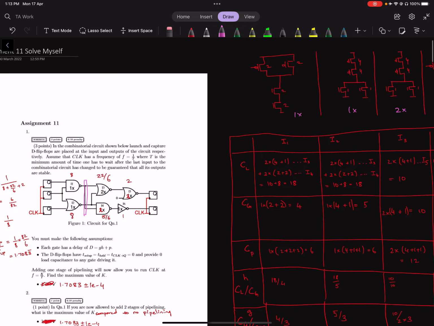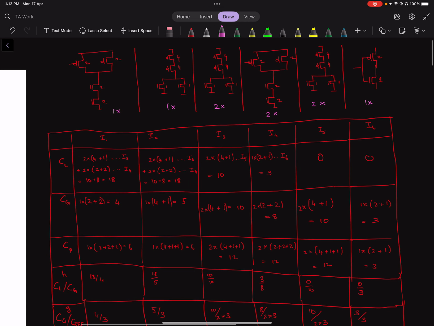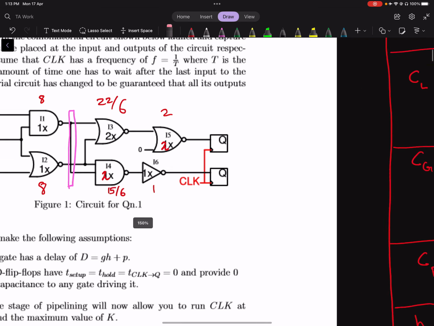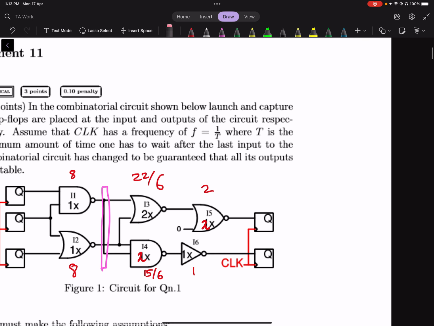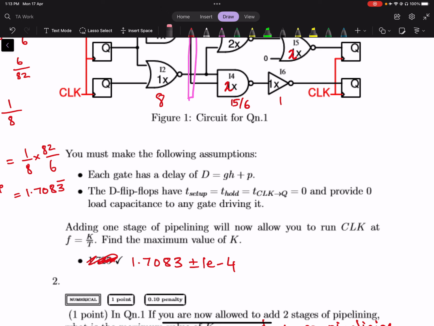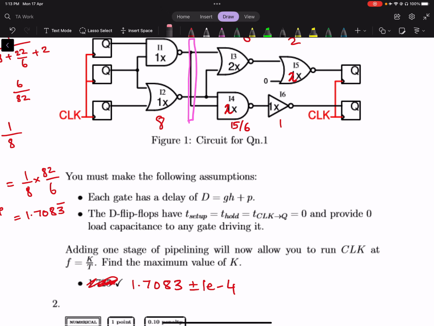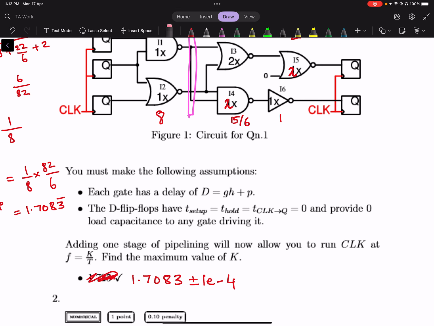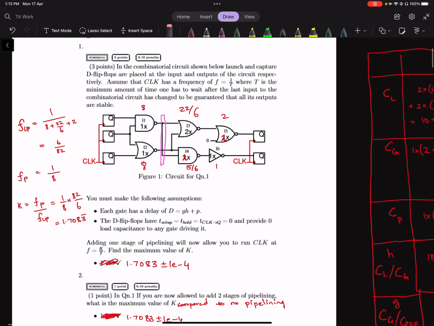And similarly, you can work it out for I2, I3, I4, I5 and I6. I5 and I6, if you notice, have zero load capacitance. That is because we have mentioned that the load capacitance is zero for the pipelining stages.